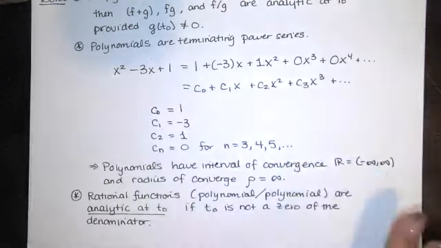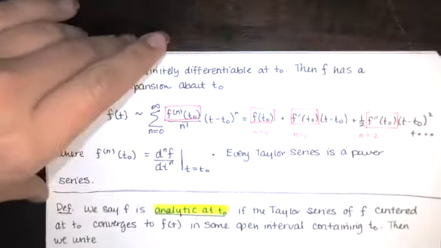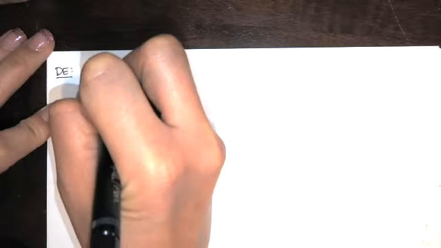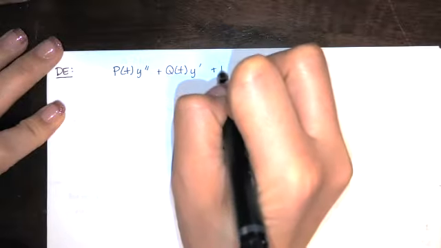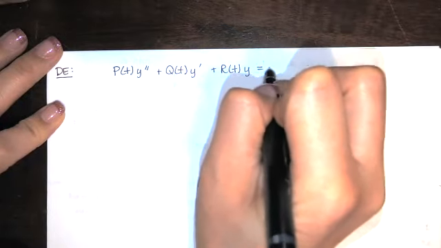Okay. Now, let's talk about differential equations just a little bit, and then in another video, we can talk about solving differential equations. So let's say we've got this differential equation, P of t times y double prime plus Q of t times y prime plus R of t times y equals 0.